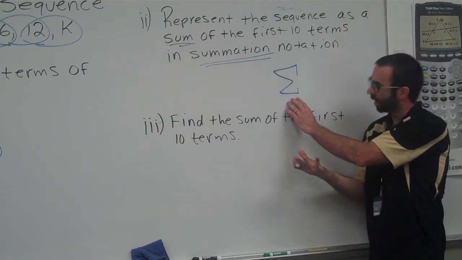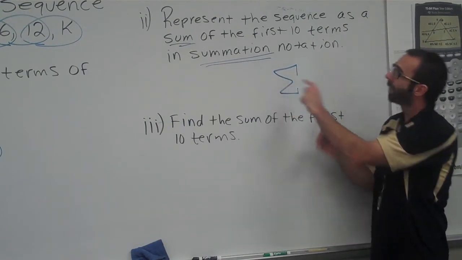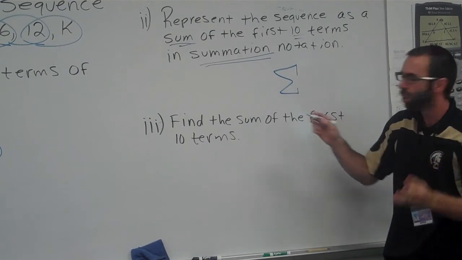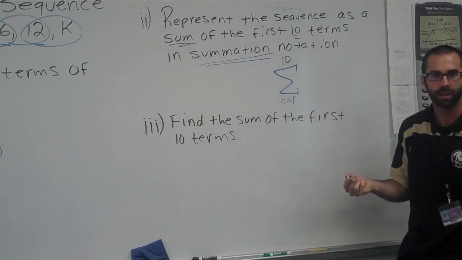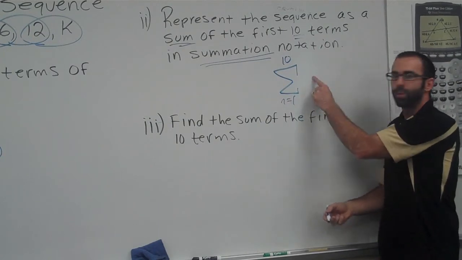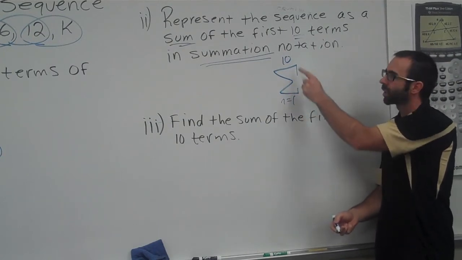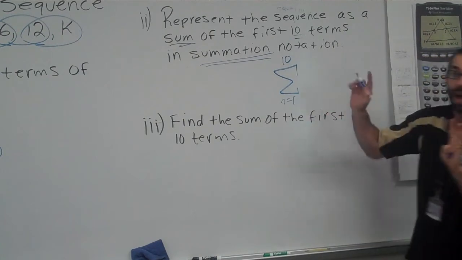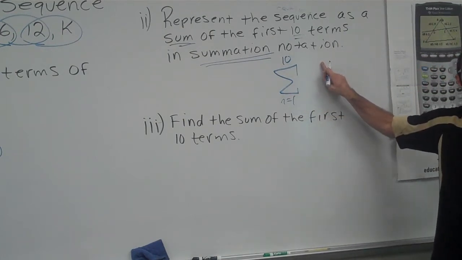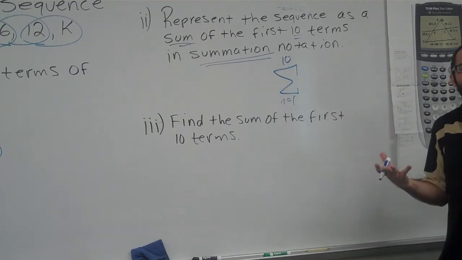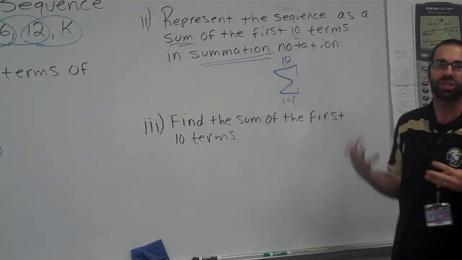We use the sum of the first 10 terms, so we go from the first term all the way up to 10. We plug in 1, plug in 2, plug in 3, and keep going, and we stop at 10. What needs to go here is the generator, also known as the nth term. What is the nth term of this geometric sequence?